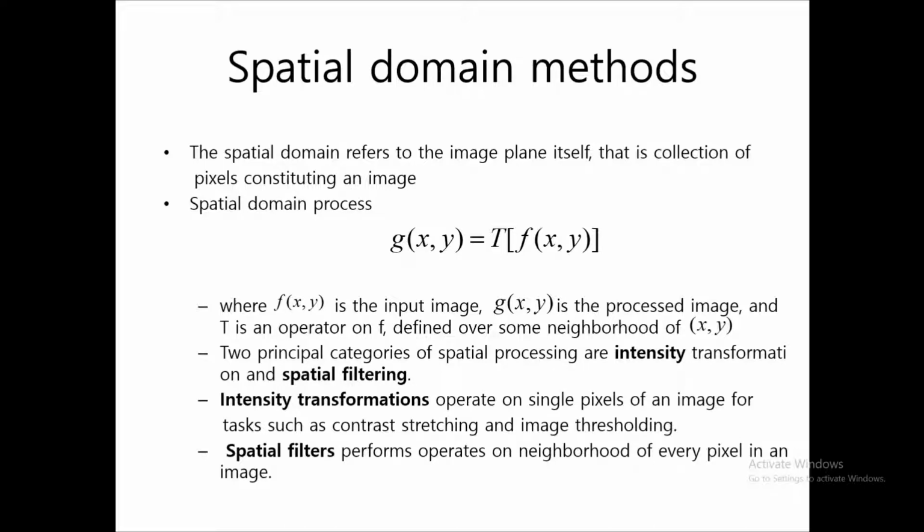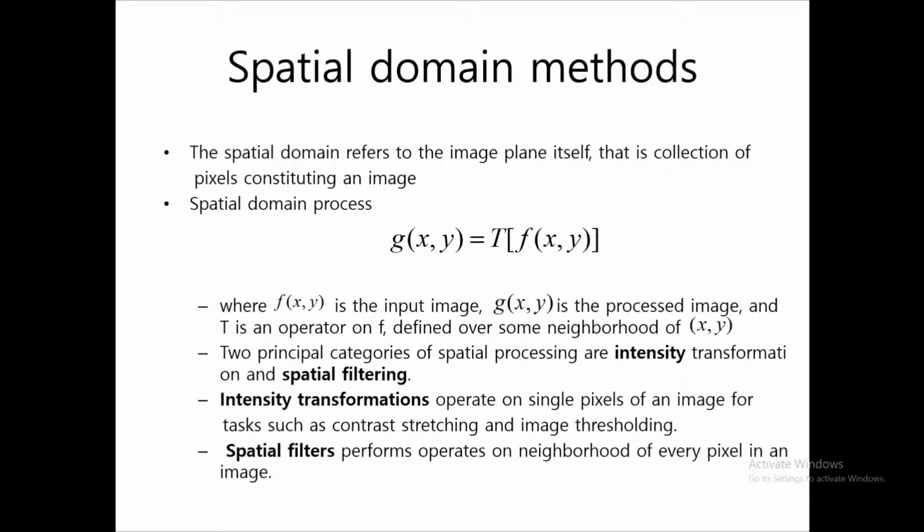And as I said before, the processing or transformation of an image can be expressed as g(x,y) = T[f(x,y)], where f(x,y) is the original or input image, and g(x,y) is the processed or transformed image, or the output image, and T is an operator on f, defined over the neighborhood of a point (x,y) in the original image.